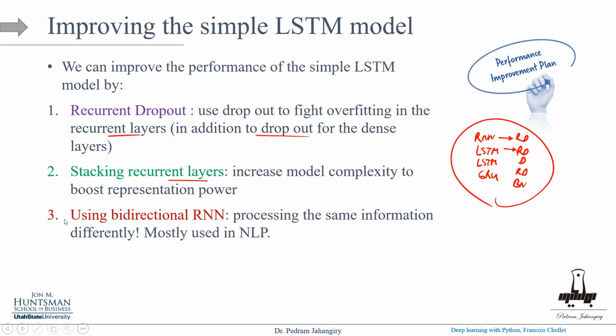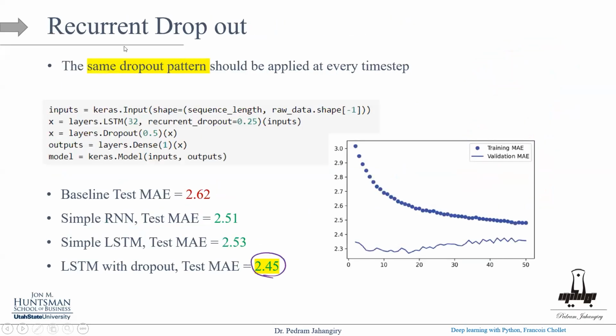And another one is using bidirectional RNN, processing the same information differently: time series chronologically and anti-chronologically. This is mostly useful for NLP, and we'll see that for time series it doesn't work. So let's look at them in Python.